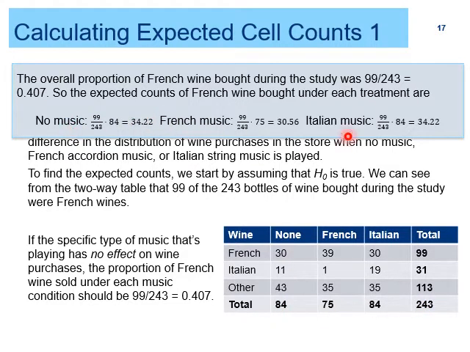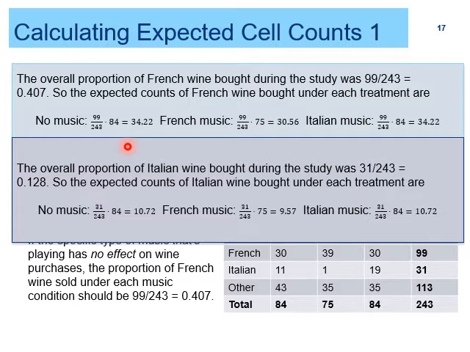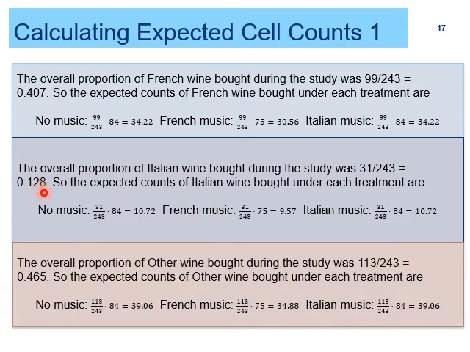These are all the expected values. Here it's the overall proportion of Italian wine. For each one, it's going to calculate. First is French wine, now it's Italian, and this is for the overall proportion of other wines.